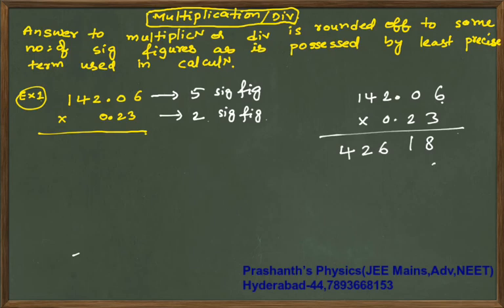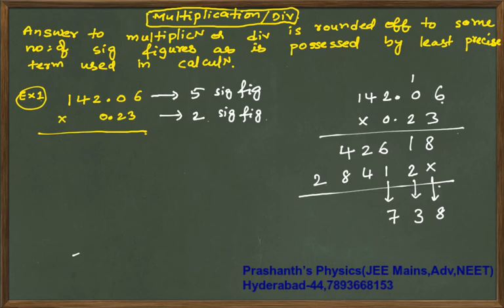Next, 2 6s are 12, 2 zeros are 0, 2 2s are 4, 2 4s are 8, 2 1s are 2. So 8, 2 plus 1 is 3, 6 plus 1 is 7, 4 plus 2 is 6, 8 plus 4 is 12, 2 plus 1 is 3. So 4 decimals if you take, totally you have on the top 2 decimals and in the bottom 2 decimals, so totally 4.